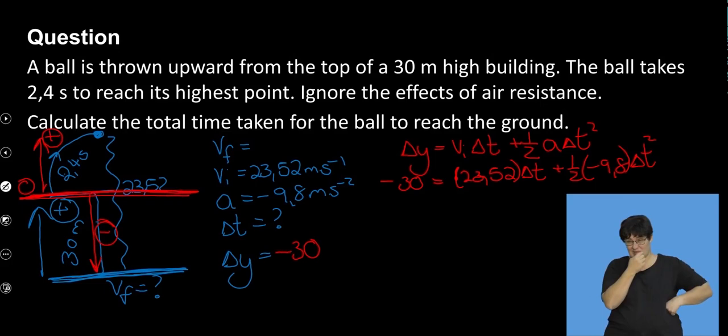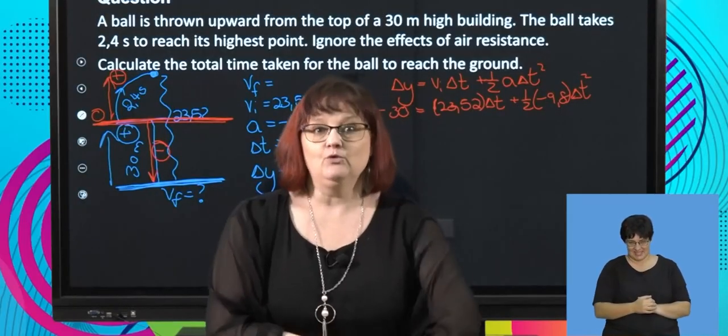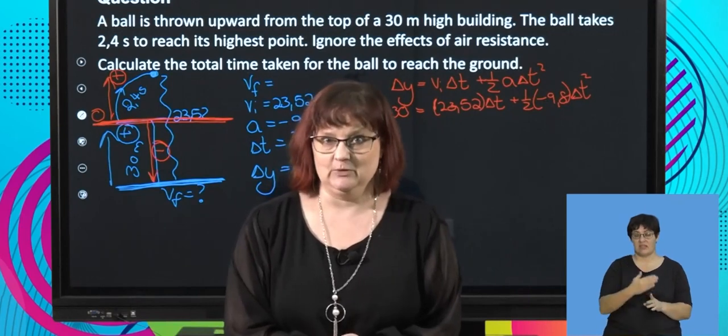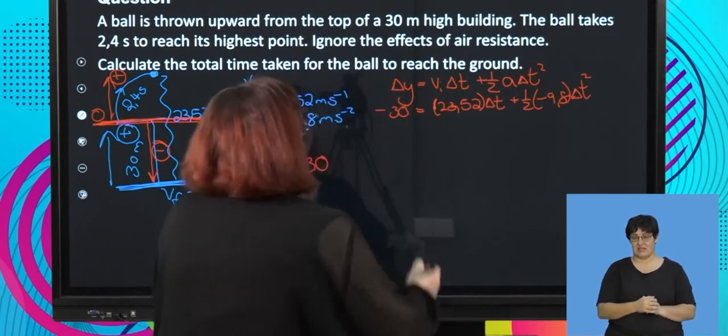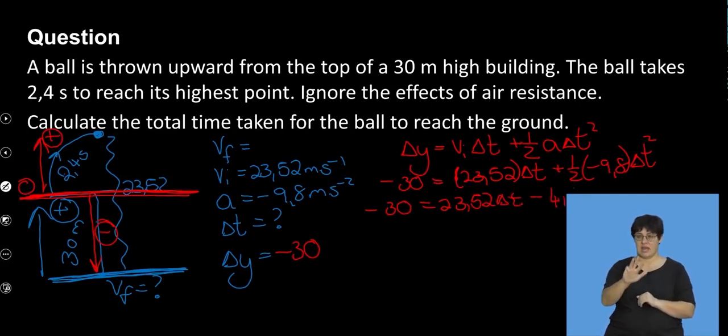Now we look at this and we go, that's impossible. No, it's not. This is remembering some stuff from maths. You're now going to have to use the quadratic function equation, okay? So we've got minus 30. This is 23,52 times delta t minus 4,9 times delta t squared.